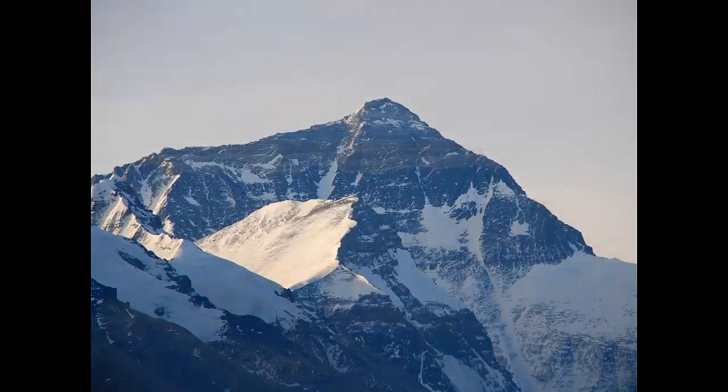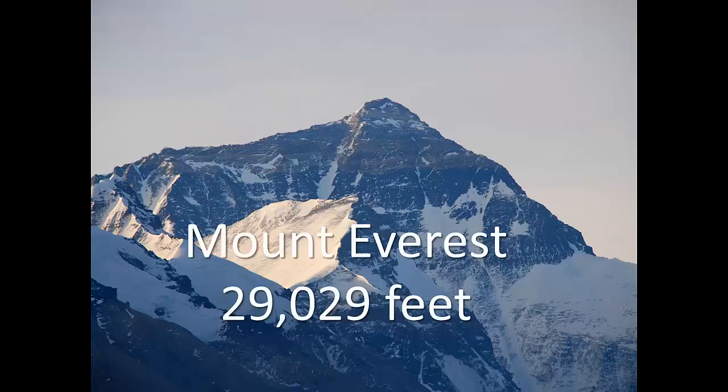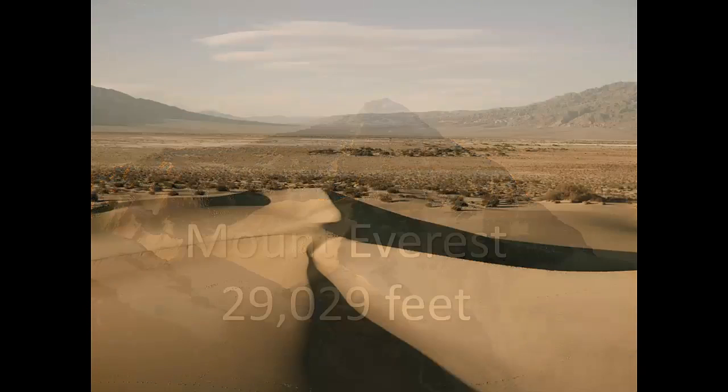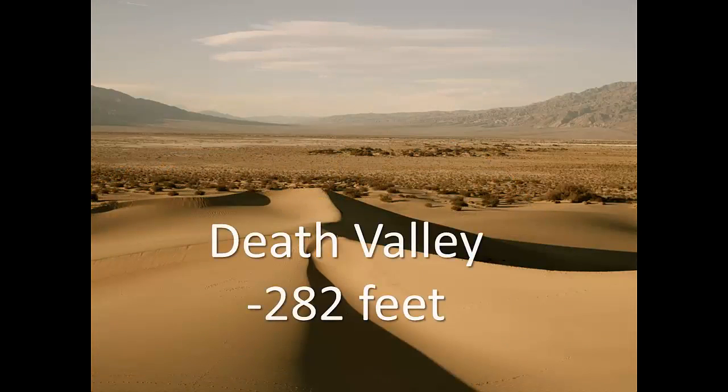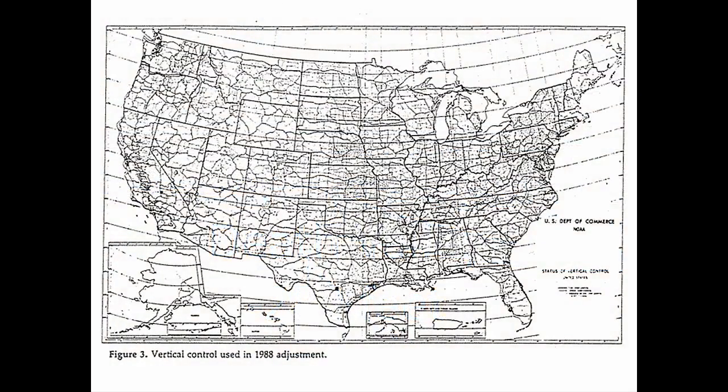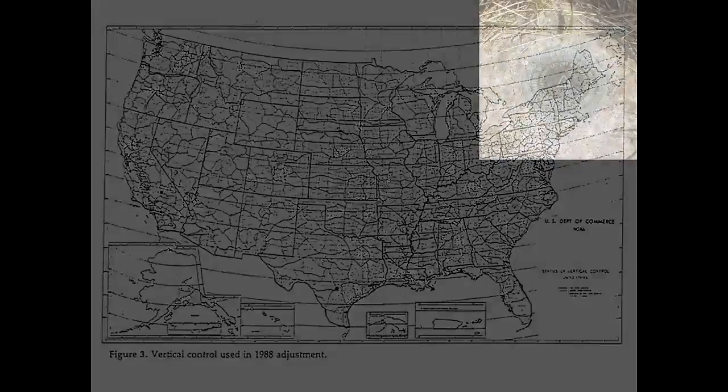For instance, the summit of Mount Everest is 29,029 feet above mean sea level, and the lowest point in the United States is Death Valley at 282 feet below sea level. By measuring vast networks of level circuits across the continent, surveyors have established heights above sea level at stable, permanent benchmarks.